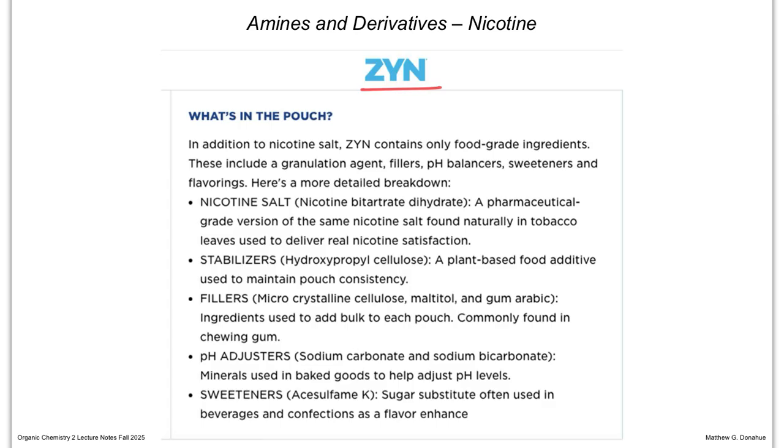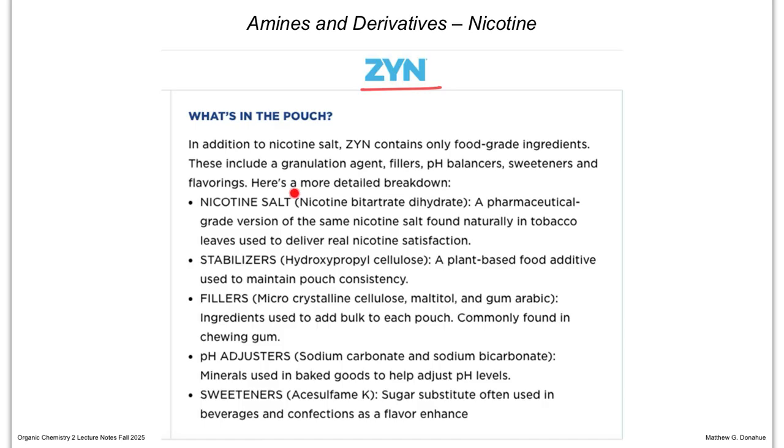Normally humans get nicotine through smoking, through tobacco leaves, but smoking is bad for you, causes cancer, that sort of thing. So these big tobacco companies have basically formulated nicotine as a salt in a pouch and delivers it another way.